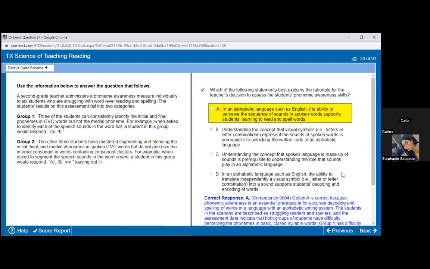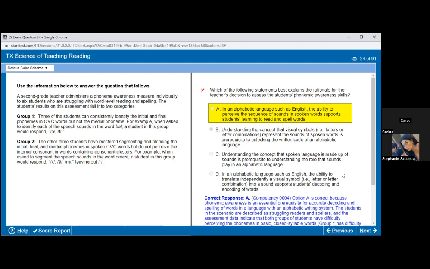In an alphabetic language such as English, the ability to perceive the sequence of sounds in spoken words supports students learning to read and spell words. Understanding the concept that visual symbols, letters, or letter combinations represent the sounds of spoken words is a prerequisite to unlocking the written code of the alphabetic language.